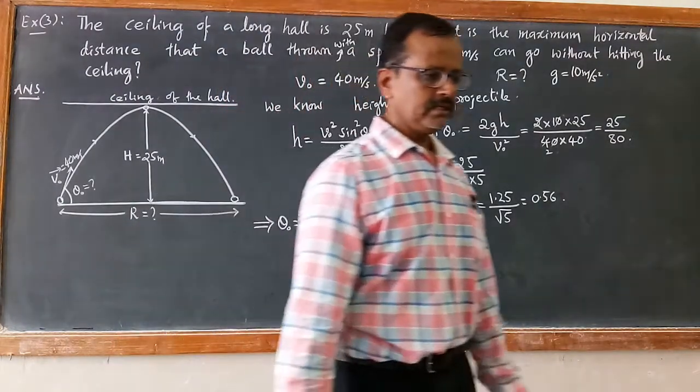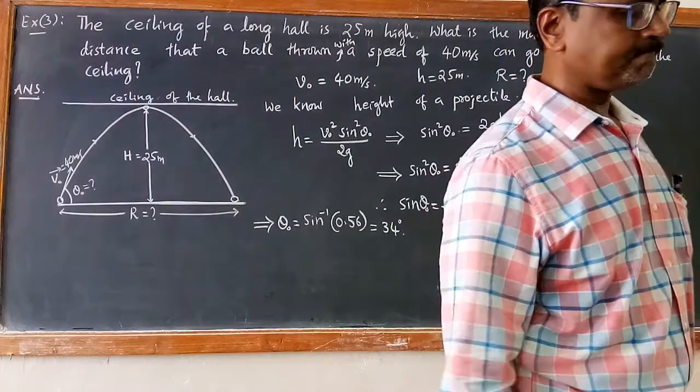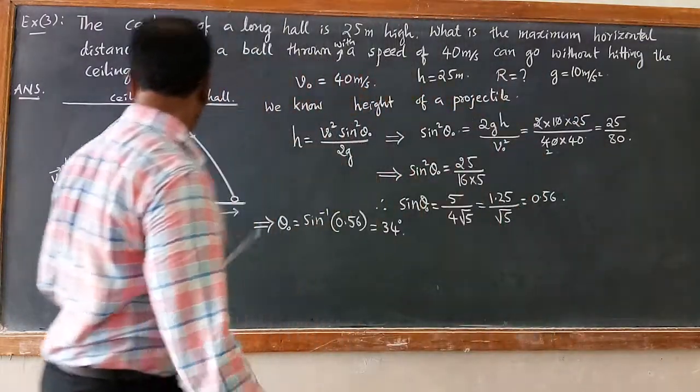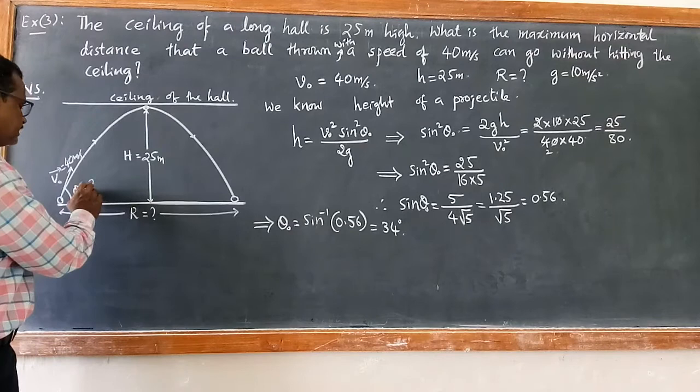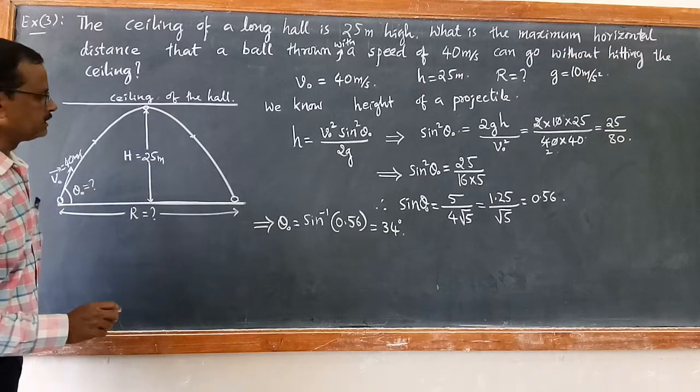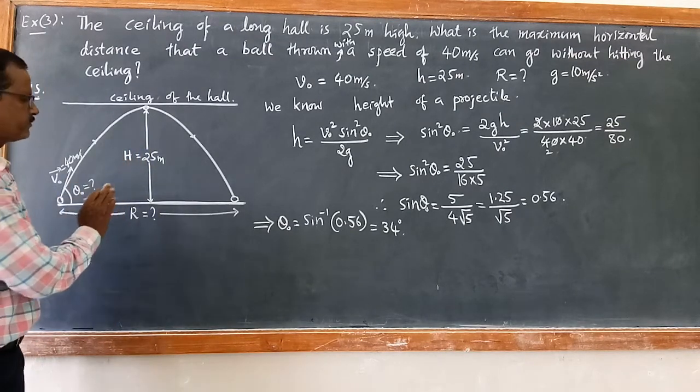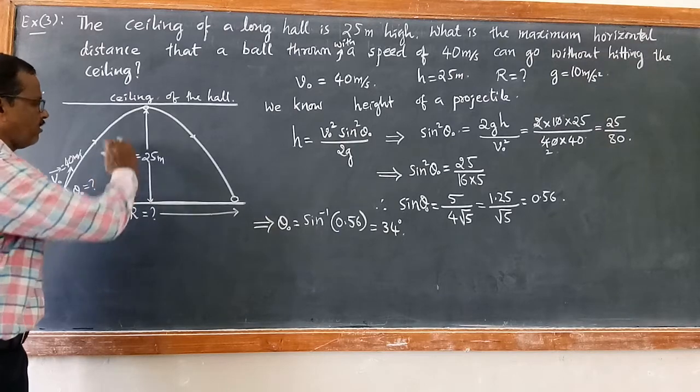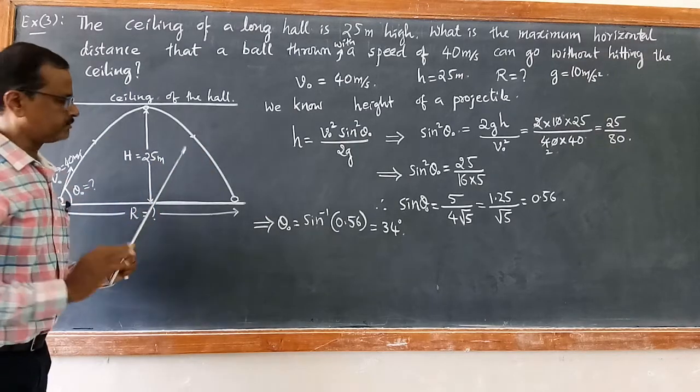Once we find the angle of projection, theta naught equal to 34 degree, that is the angle of projection for which the height of the projectile is 25 meter.